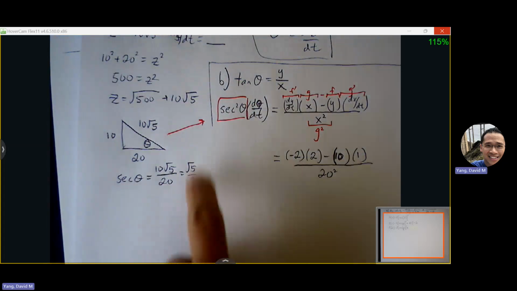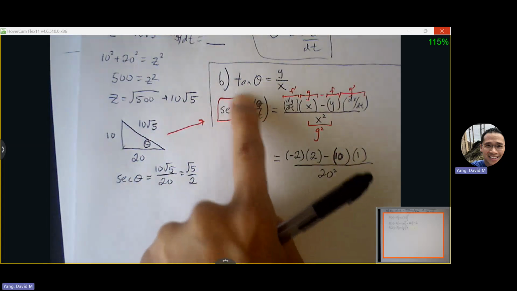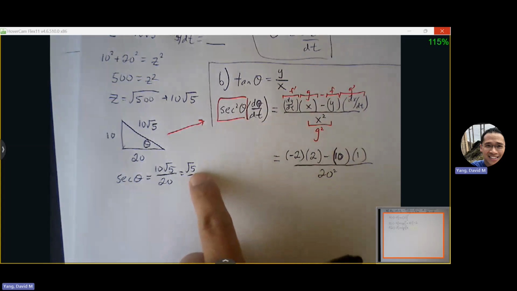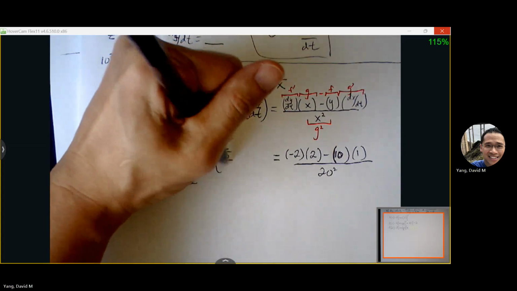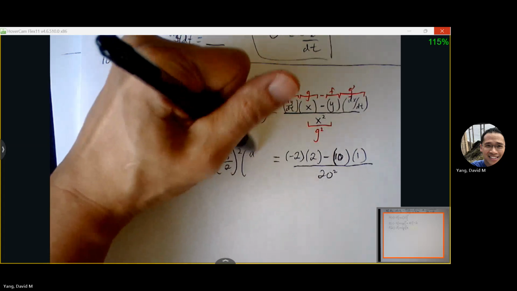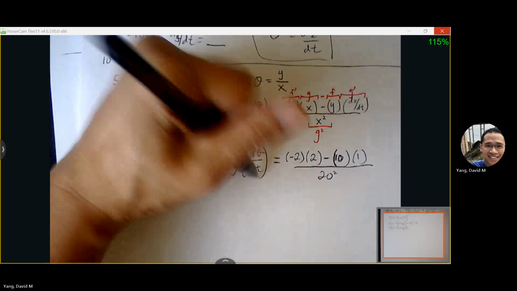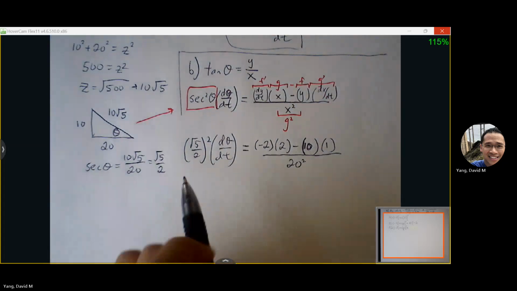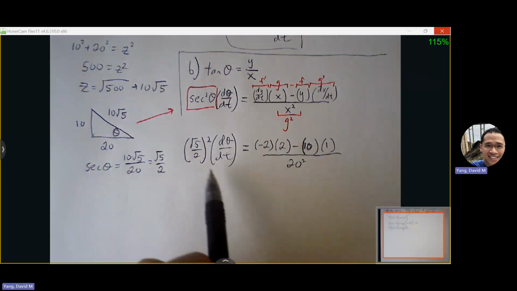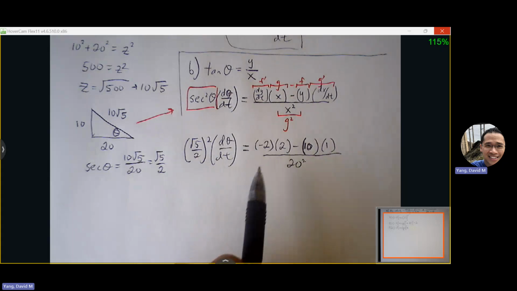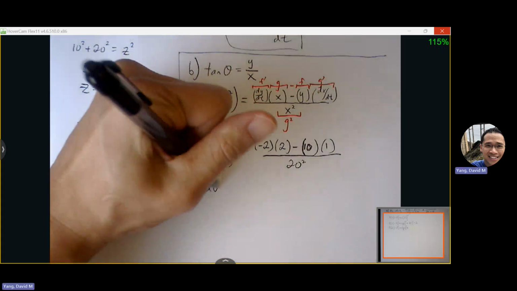And now I can take this and put it in place of secant, and I'm going to have to square it, right? Square my ratio here. Okay, so then I can square it, move it over to the other side. Remember, we're dividing by a fraction, same thing as multiplying by the reciprocal. So here's my result for d theta dt.